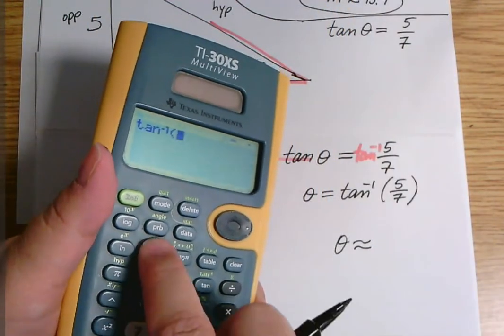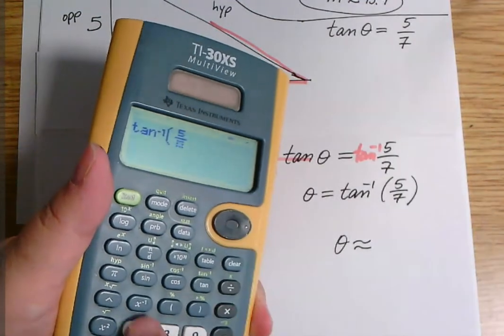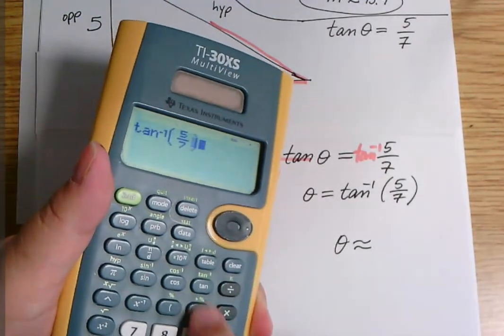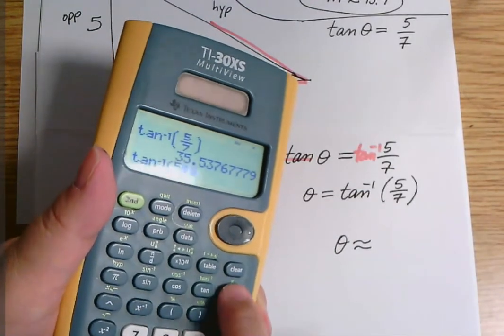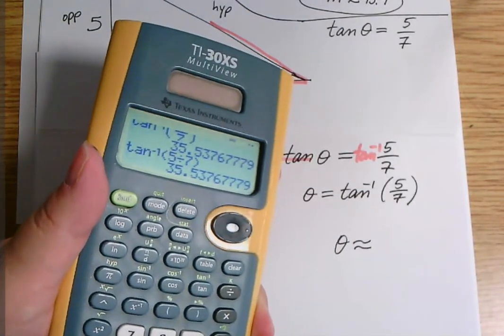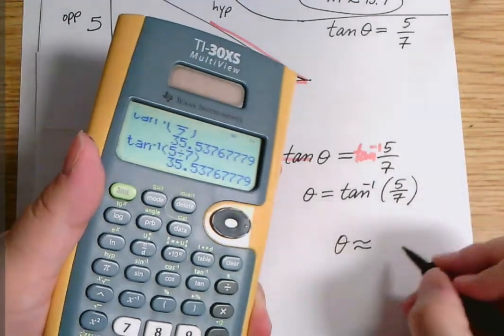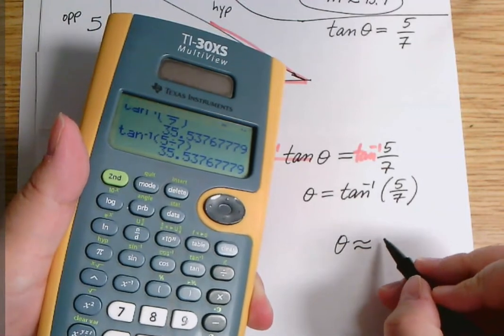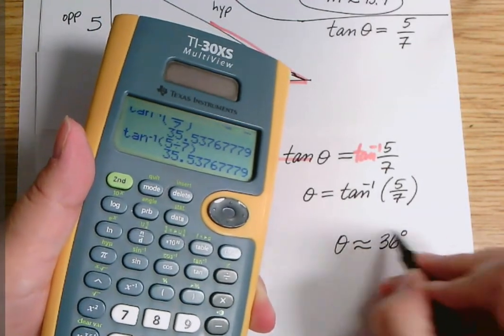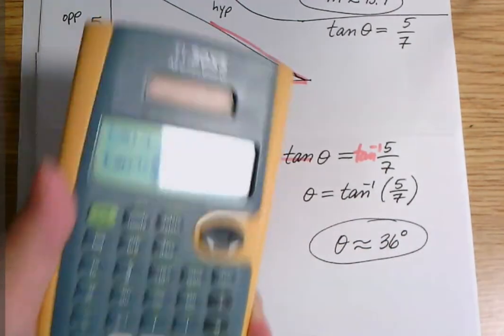Second tan, and then I can put my fraction in. I could also just put it in as division. In other words, I could type it in like this, which I personally very often do because I grew up without a fraction button. And that gives me about 35.53, about 36 degrees if I round it to the nearest whole degree. And there is my answer.